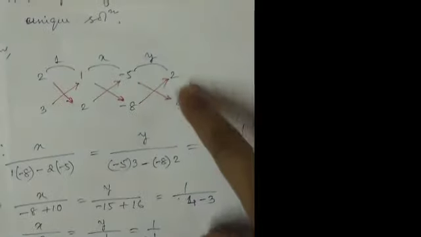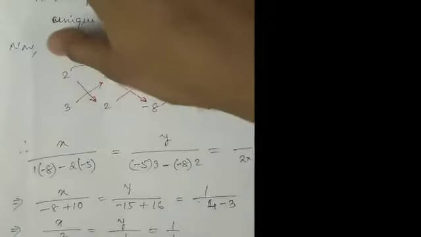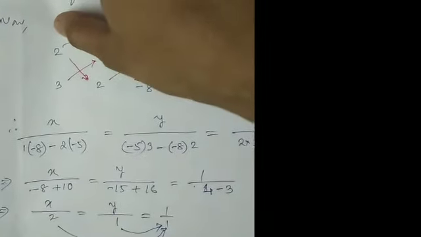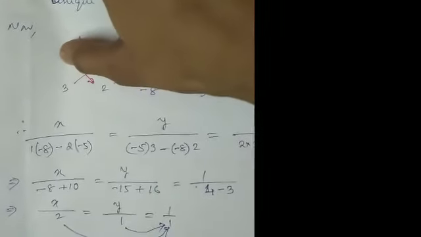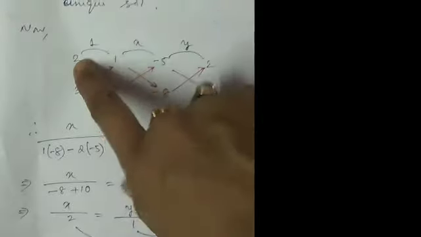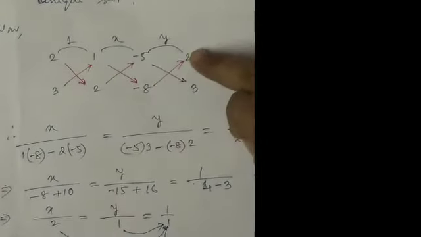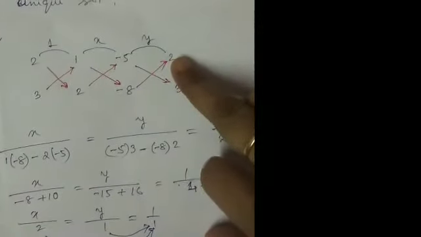What we do, we arrange the coefficients. I have taken all these three coefficients, that is two coefficients and this constant term: x coefficient, y coefficient, and this constant term is written. Then finally, once more I have written the x coefficient.